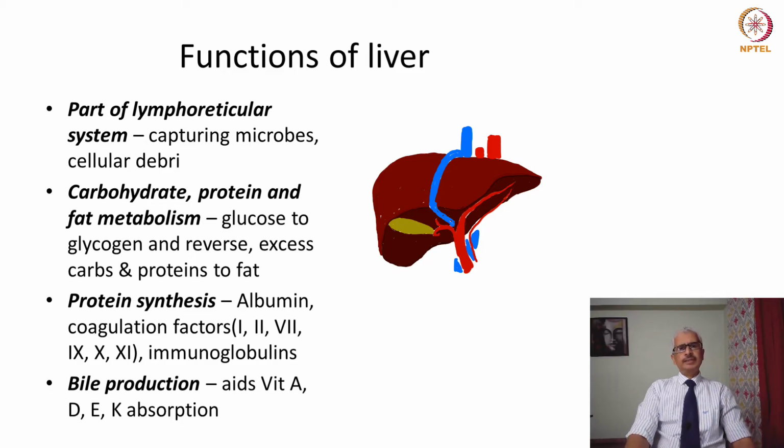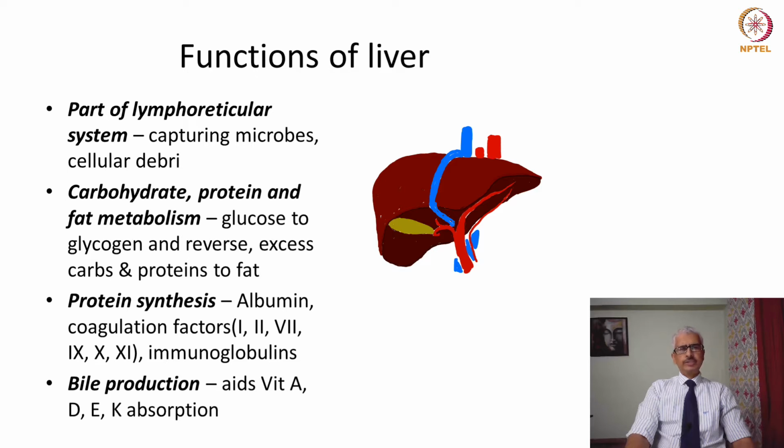So we can see that because of its ability to synthesize the coagulation factors, it plays a very important role in the coagulation cascade. In addition to that, proteins important for body immunity, that is immunoglobulins, are also synthesized in liver.